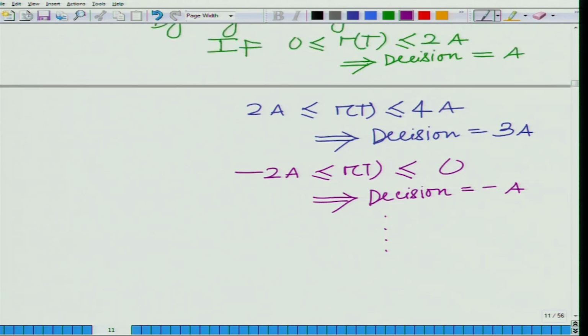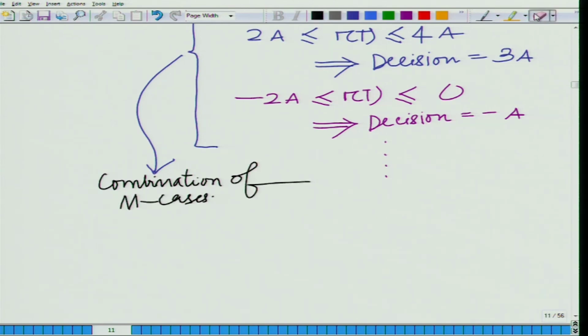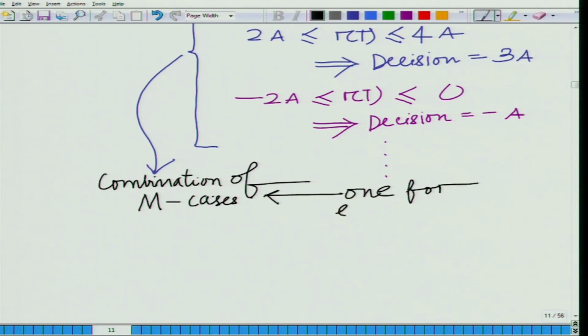So, there are going to be M decision rules naturally for the M constellation points. Let us not say there is only one decision rule, it is going to be a combination of M cases, one for each point, similar to what you have in any programming language, where you have a case and depending on the case there is an outcome.